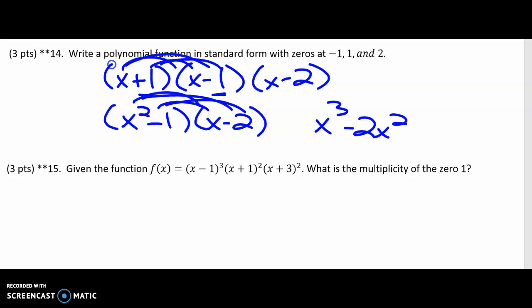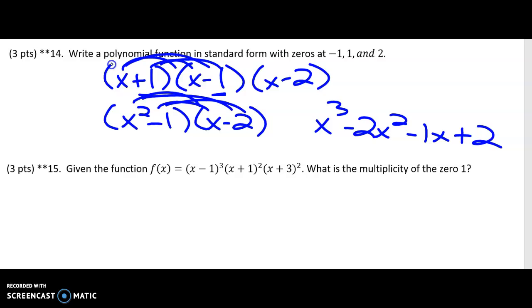My middle 2 together, negative 1 and x is negative 1x. And then finally negative 1 times negative 2 is a positive 2. You would have gotten that either way. However, again, I think it's easier to multiply those first 2 parentheses together, but it is indeed up to you.